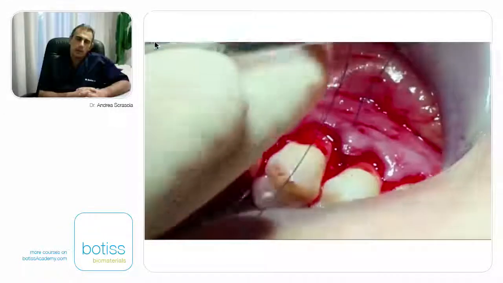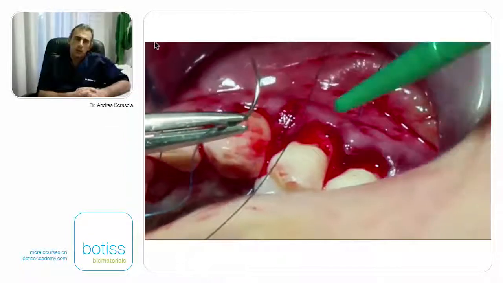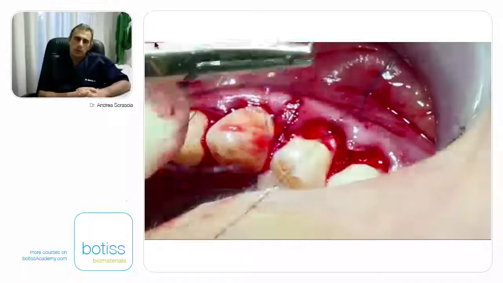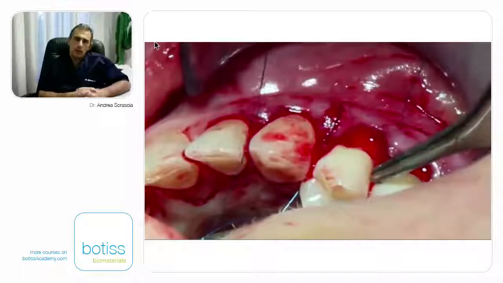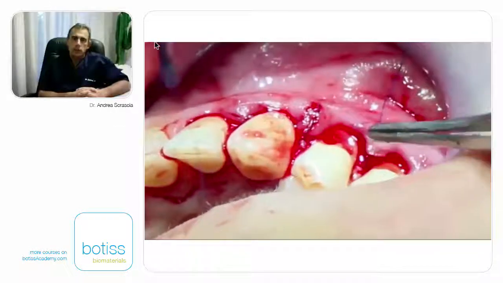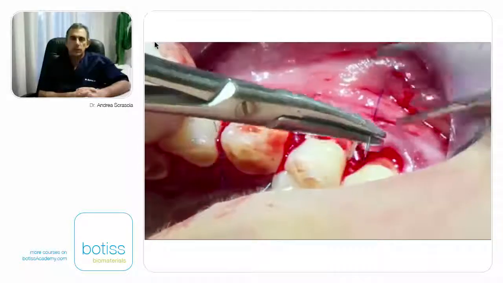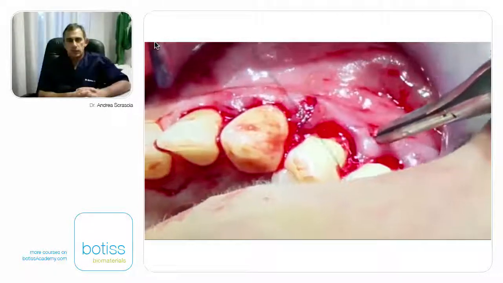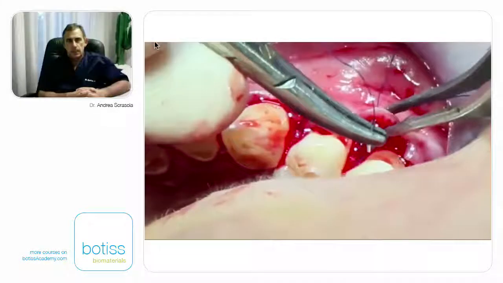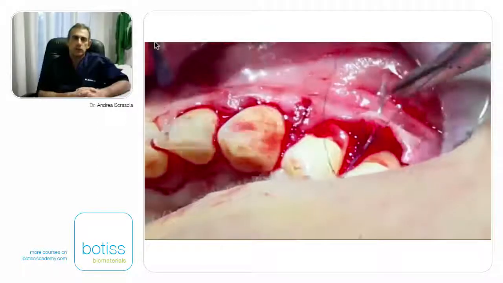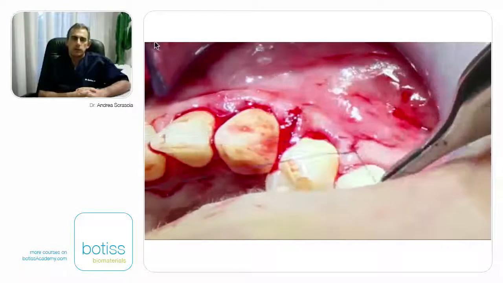And then you have to go under the contact point without engaging the clinical papilla, and you engage the surgical papilla, and you tie. And you have to do that for all the flap.